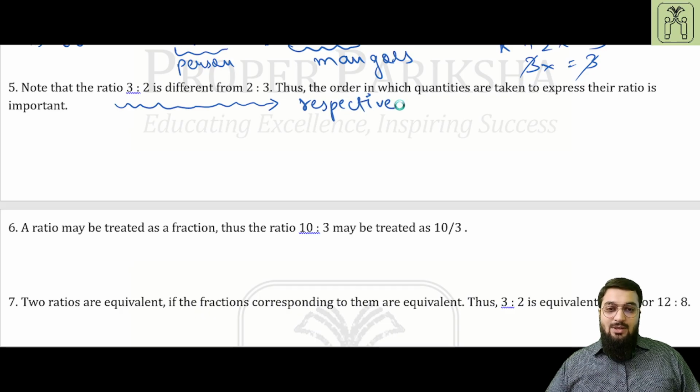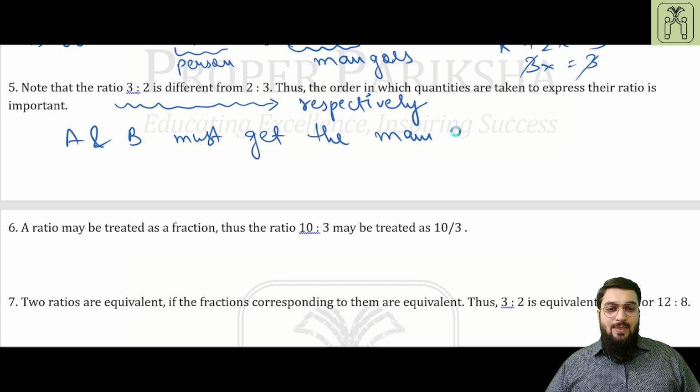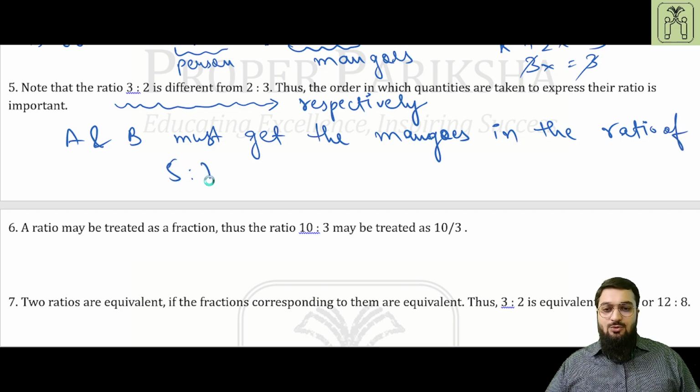For example, I say that A and B must get mangoes, or I can denote the quantity or quality, etc., in the ratio of 5 is to 7 respectively.